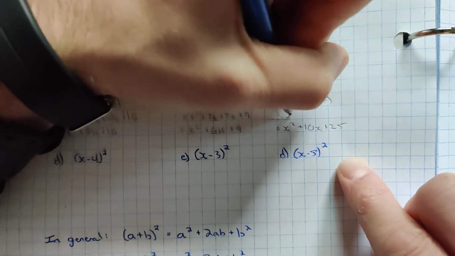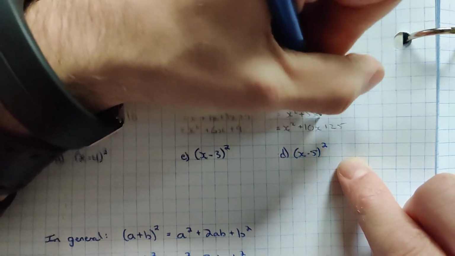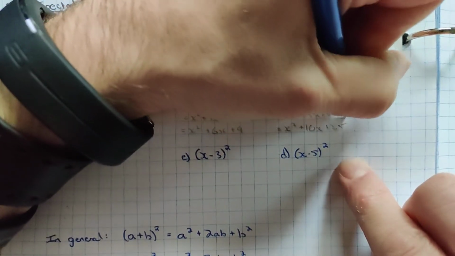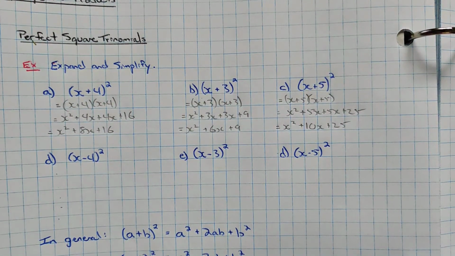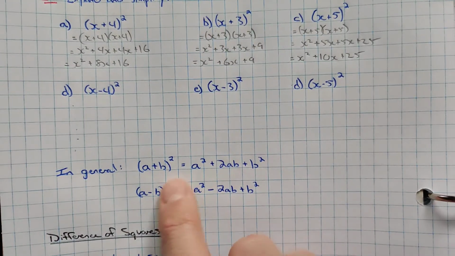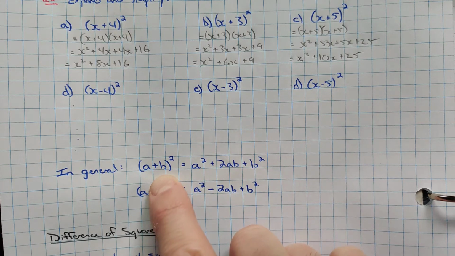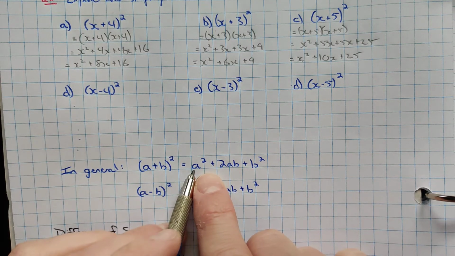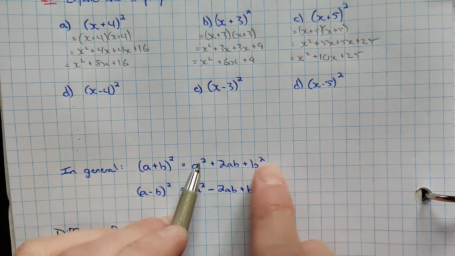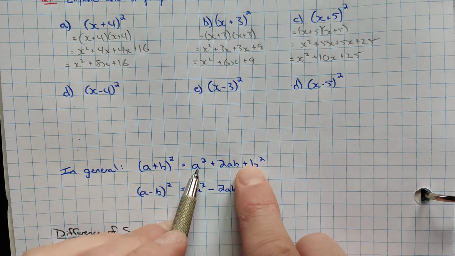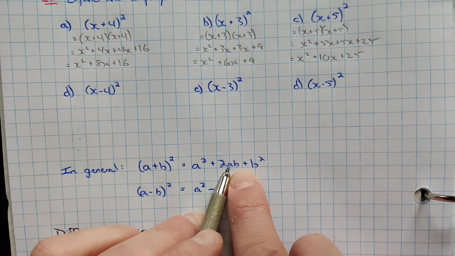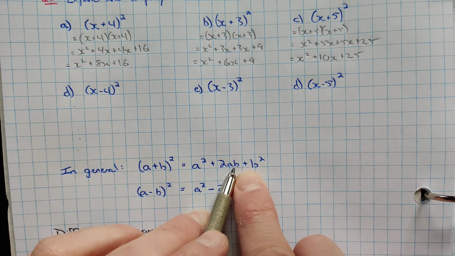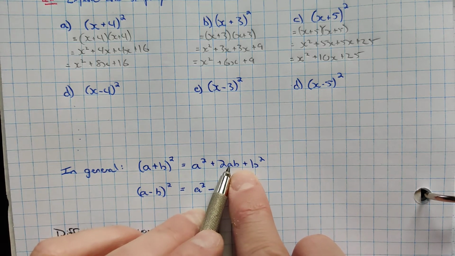And we get x squared plus 5x plus 5x plus 25. And it does work out. So all we're doing here, in the case of perfect square trinomials, is it's a squared and b squared at the end, both positive, and then 2 times a times b, whatever values are at a and b.